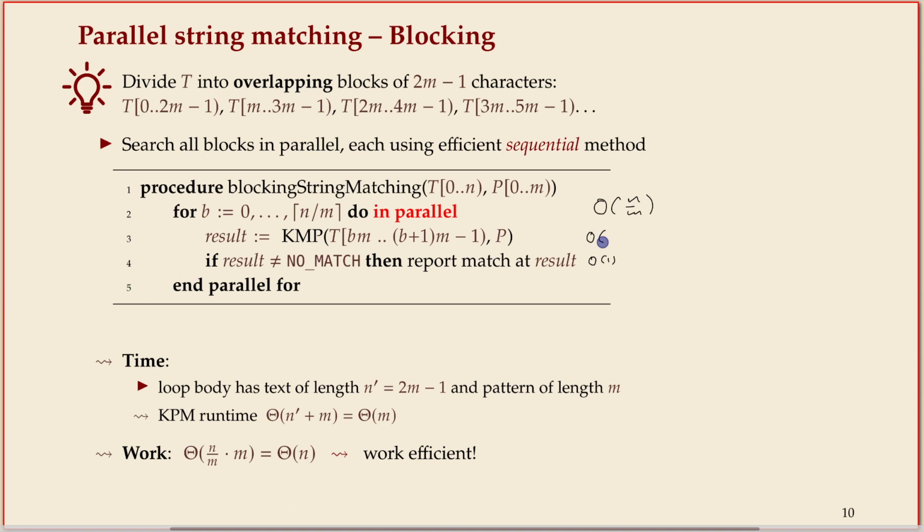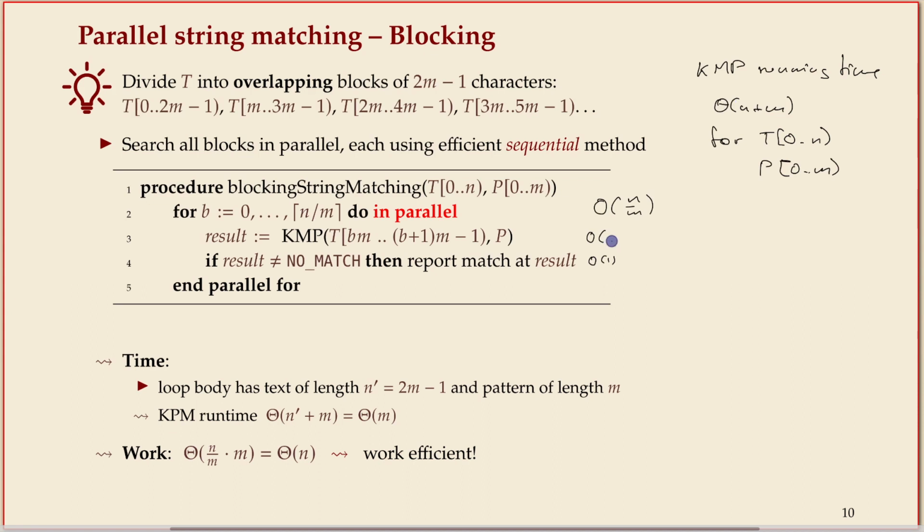For text of length n and a pattern of length m, the running time of KMP is order n plus m. So if our text has length n and the pattern has length m, then that's the running time of KMP.